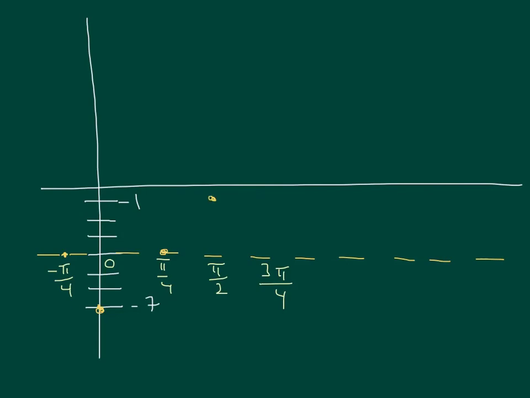And at 3 pi over 4, I'm on the horizontal axis again. Then we connect the points with as smooth a curve as possible. And remember, this is one period. This is just one period, and of course it just repeats infinitely in either direction.